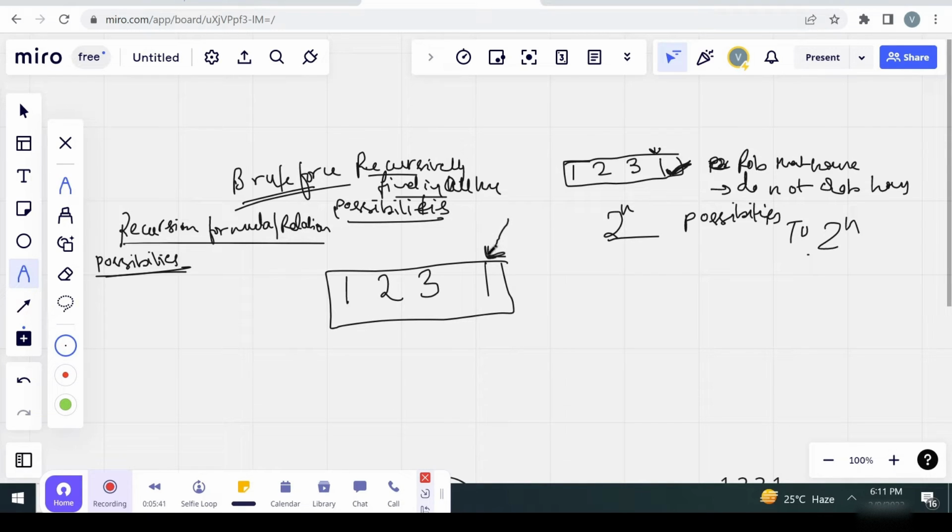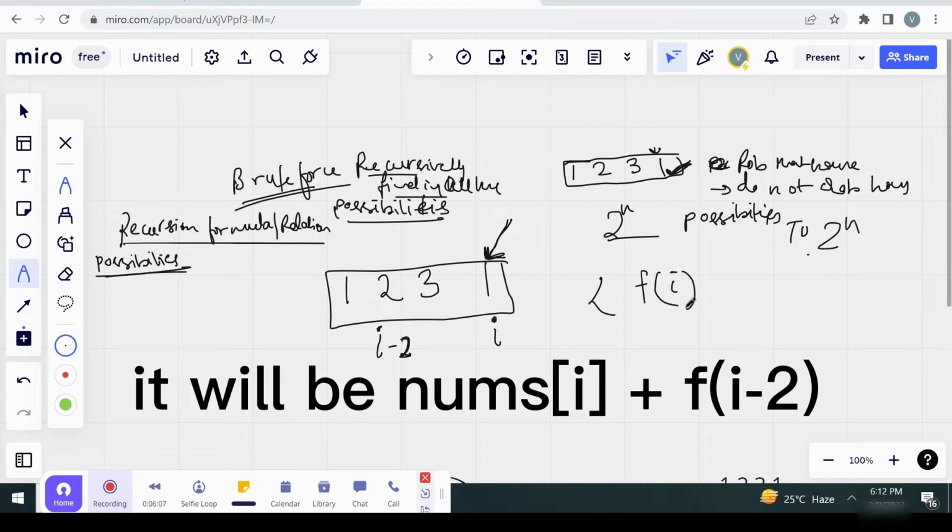If I rob house I, I will only be able to rob house I minus 2. So the first possibility is f of I plus f of I minus 2.